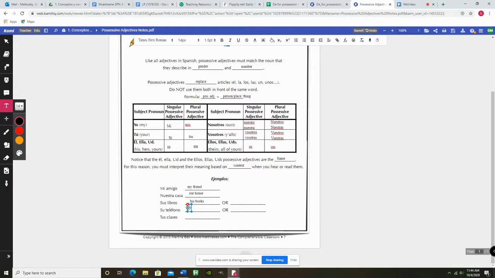This could be his or her telephone. Or it could be, oh, I gotta do both of these. All right, so this could be their telephone or his or her telephone. For books, it could be his or her books or their books. Books, plural. Or classes.